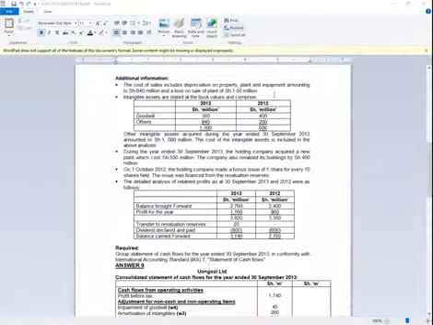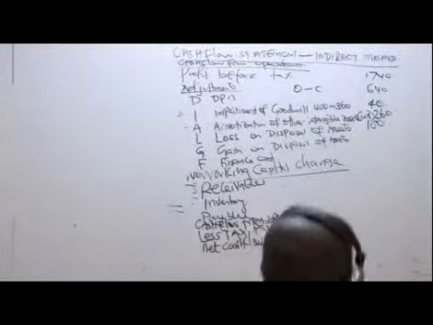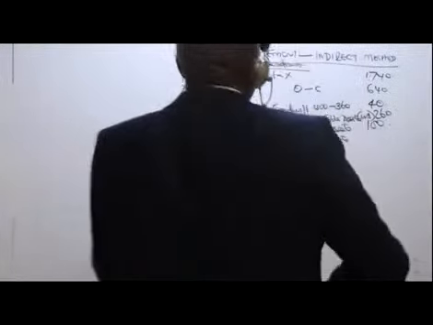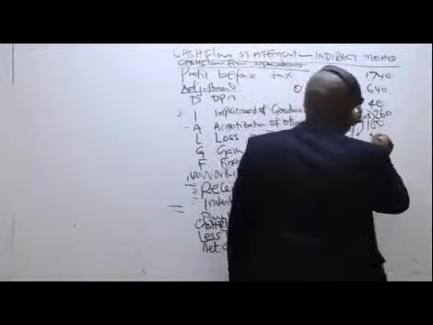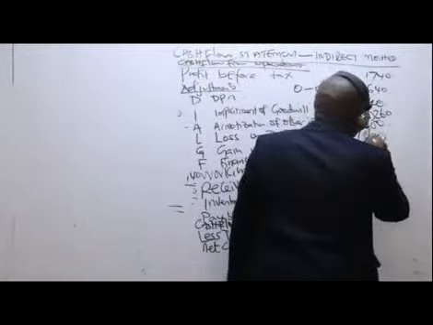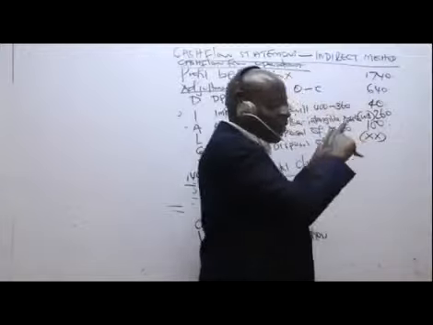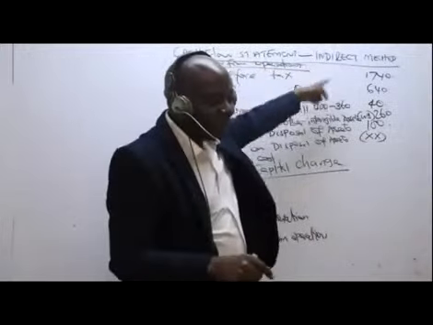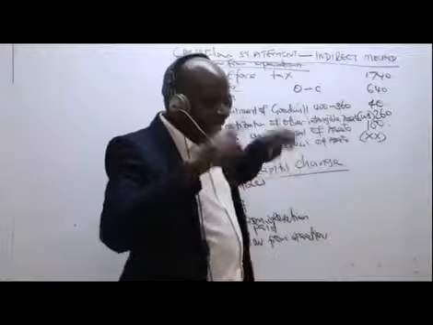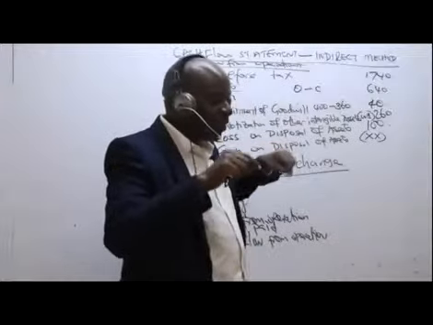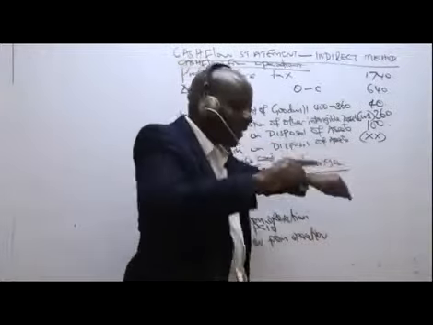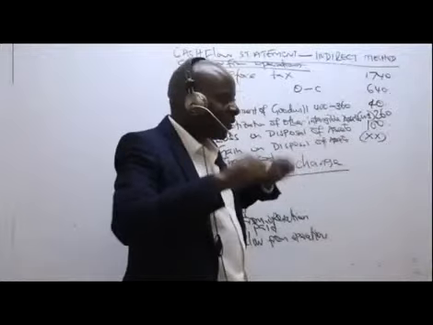So remember, if I had a gain on disposal of assets, please assume that we had a gain of X. Gain is the only one that we deduct. If you're told that there was a gain of say 100, I would have put it as negative. Gain is the only one that we subtract.